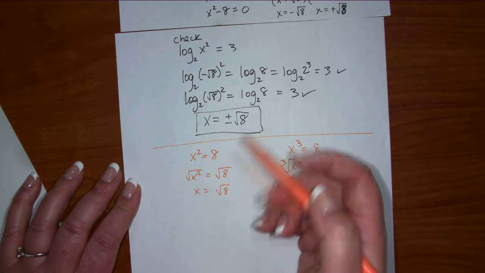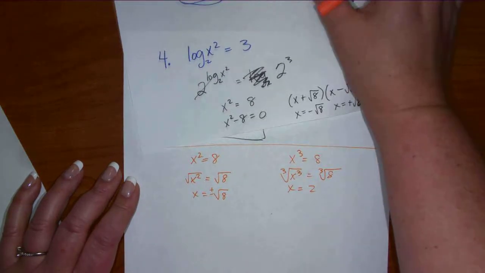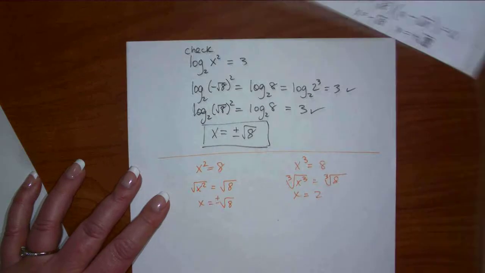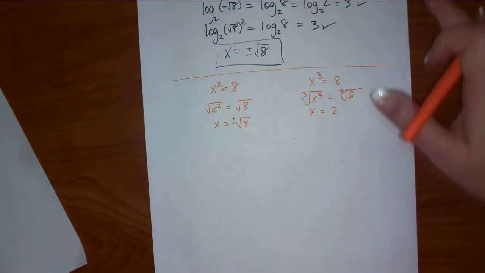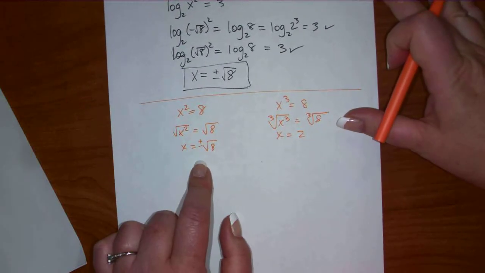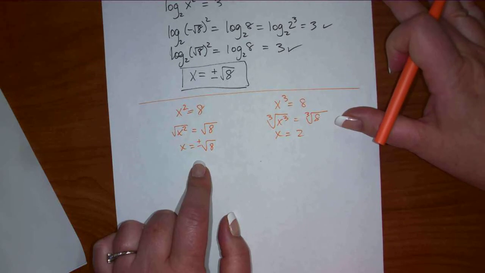And I don't really do it that way because people always forget the plus or minus and then they end up with half of the answers, not all of the answers. So that's why I keep doing difference of squares, even though you really don't need to. You can take the square root of both sides. It's just the problem is you have to put plus or minus, and if you don't, you're missing half the answers. Does that make sense?